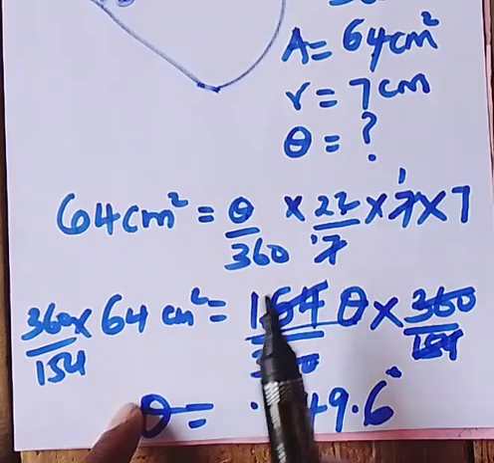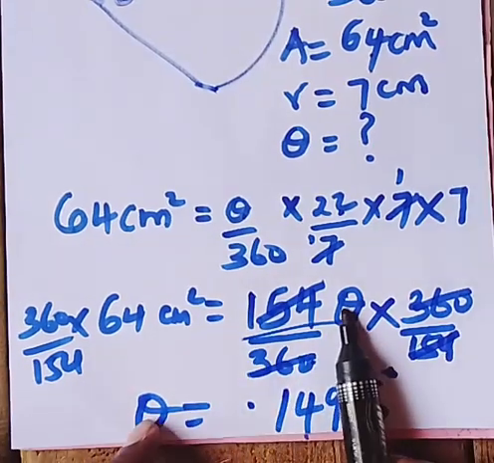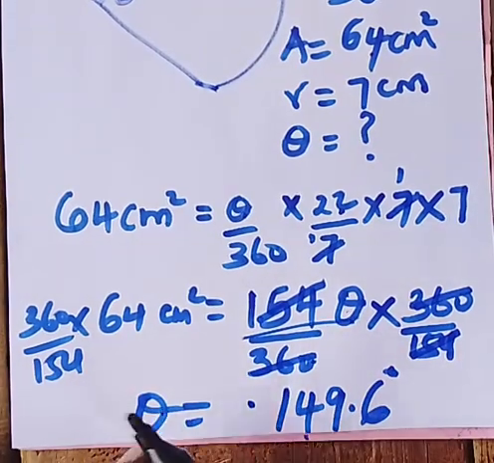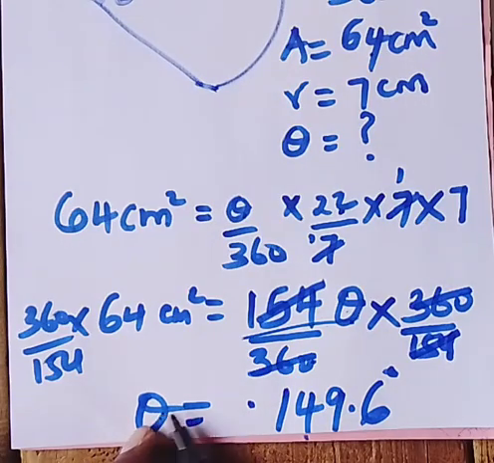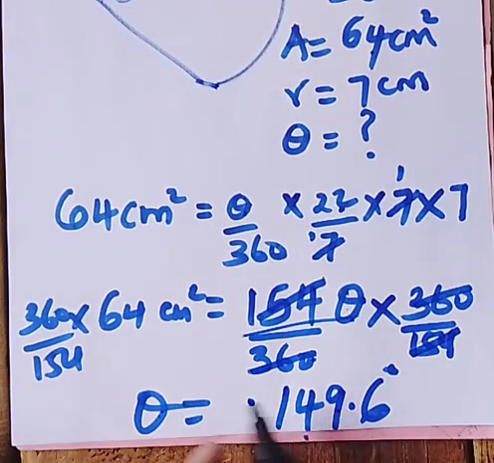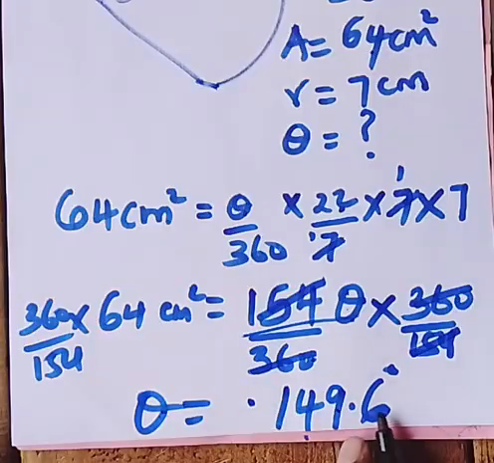I know some of you might ask why this theta was here and now it has started here. There's no issue with that. You can just start with theta is equal to this, or you can say 149.6 is equal to the theta we were looking at.